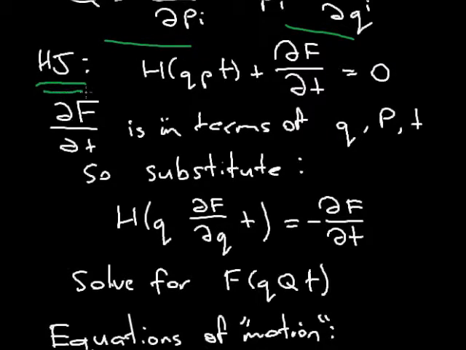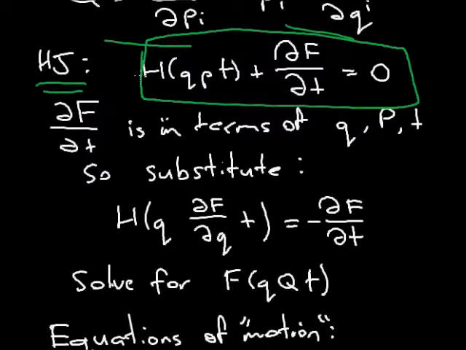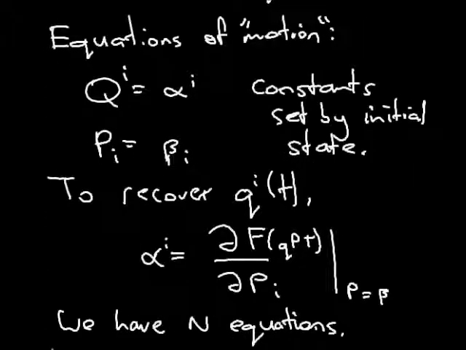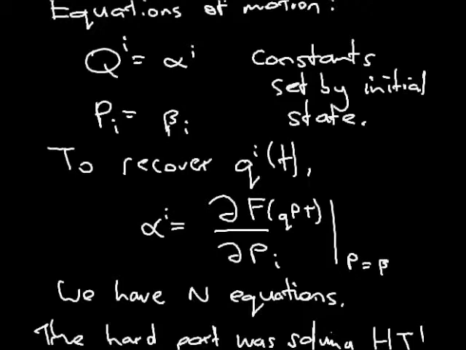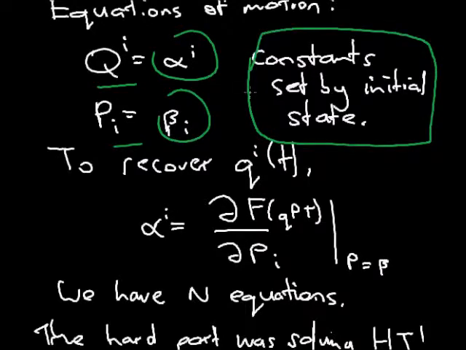This is called the Hamilton-Jacobi equation, and the Hamiltonian equations in the new coordinates become trivial because the time derivative of each of the big Q and P are going to be 0. In other words, they're going to be set by the initial system state as constants of motion expressed in terms of the original little q and p, and possibly time.